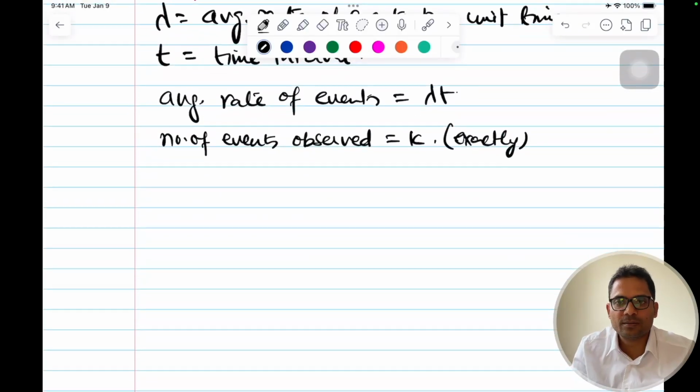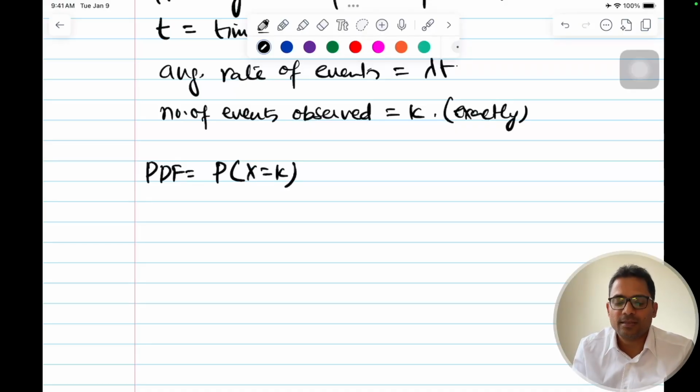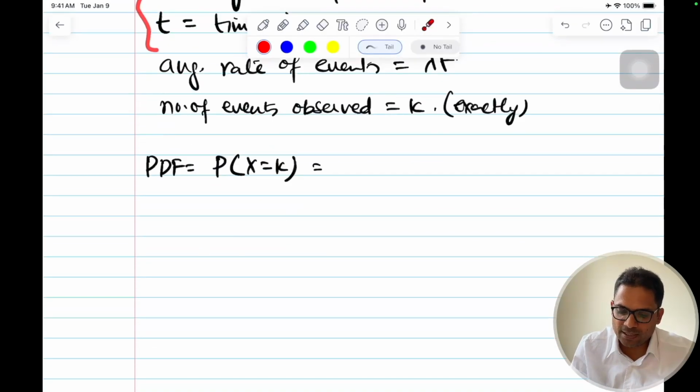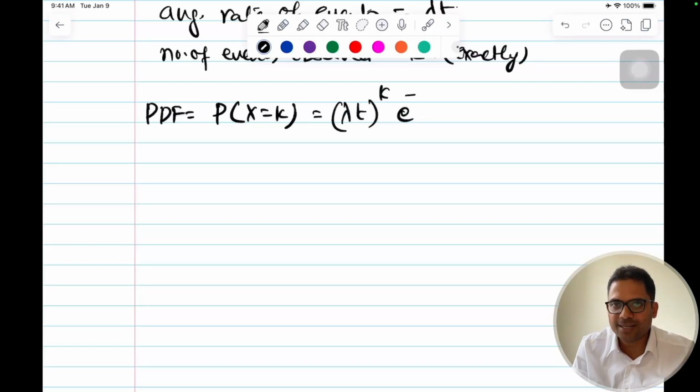So what will be the PDF of the Poisson distribution? We know the PDF. The probability of seeing k events in the same interval would be, instead of lambda, now this is the average rate, so this will become lambda t. This will become lambda t to the power k, and e to the power minus lambda t.